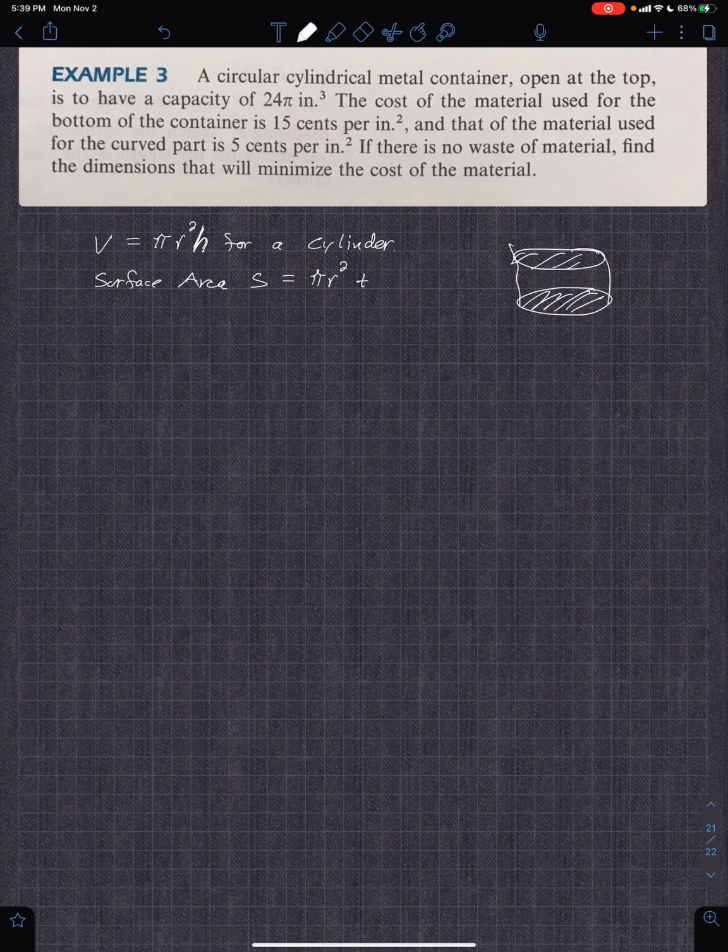The sides then are the circumference of the circle, which is 2 pi r, times the height. So 2 pi r times h. So you got to make sure that these dimensions are correct. You have r squared and r times h. So that's the surface area of the figure given. So you got to be careful what it is.